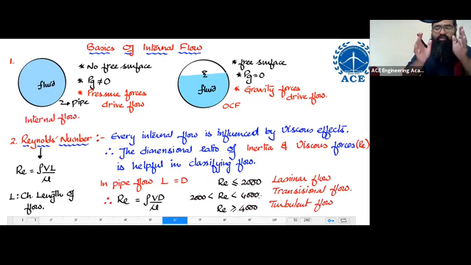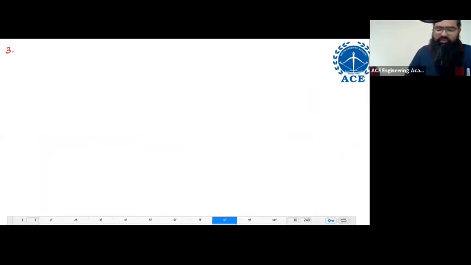Those identical equations for every flow we are going to discuss now. So this particular point is: equations common for every internal flow through a pipe.